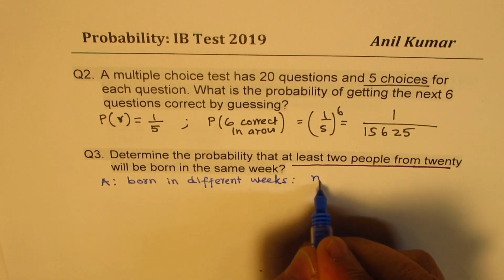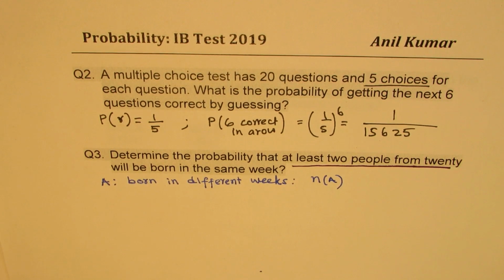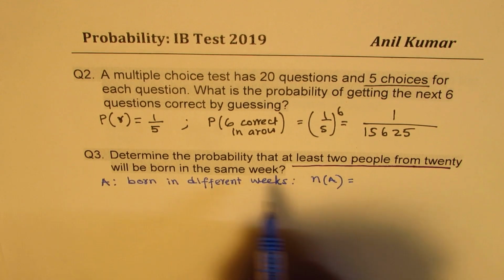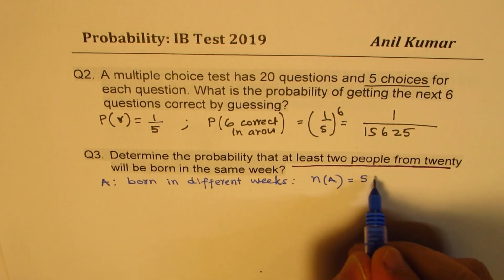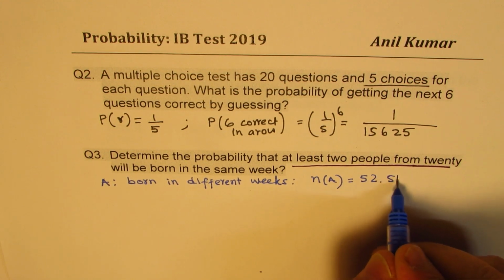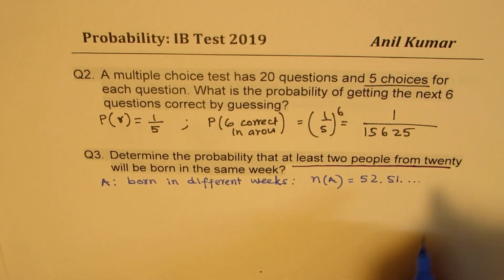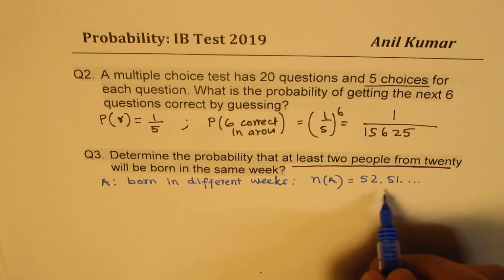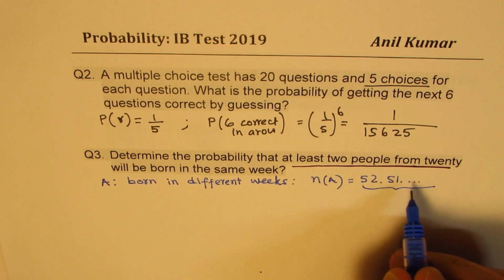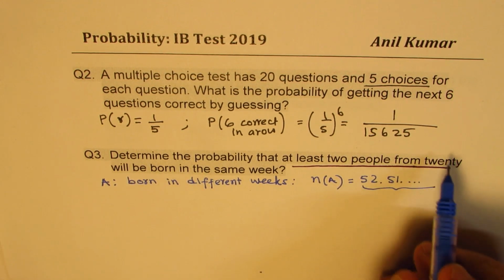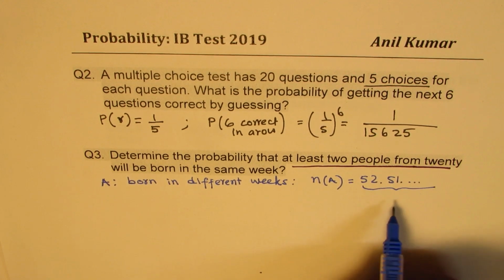Correct? So the sample space in A will be how much? Well, the first person has 52 weeks, second will have 51, right? So on, for 20 students, right?